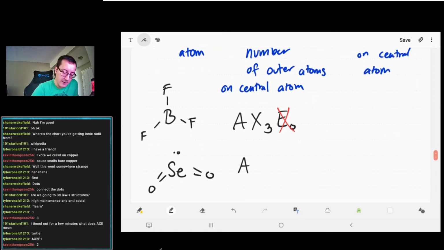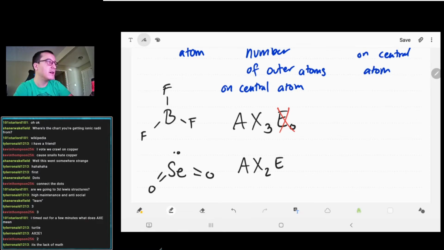Yes, Tyler. Wow, you really are Kevin today. Yeah, so we would describe this molecule as being under the category of AX2E. Actually, we don't even really write the 1. We just write AX2E. Yeah, the lack of math, that'll do it for us.